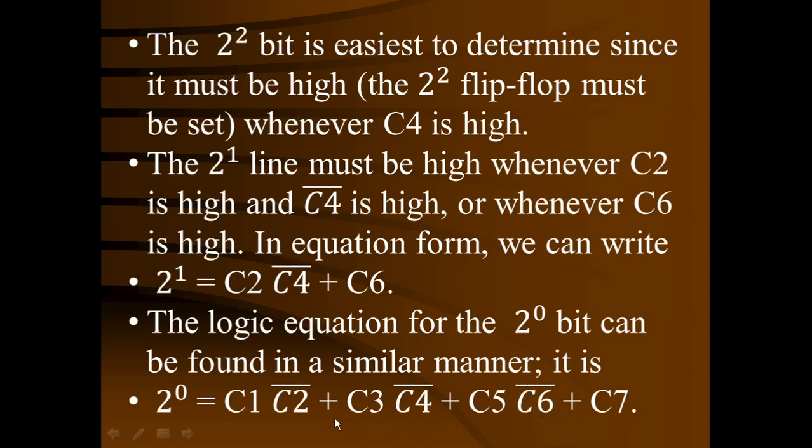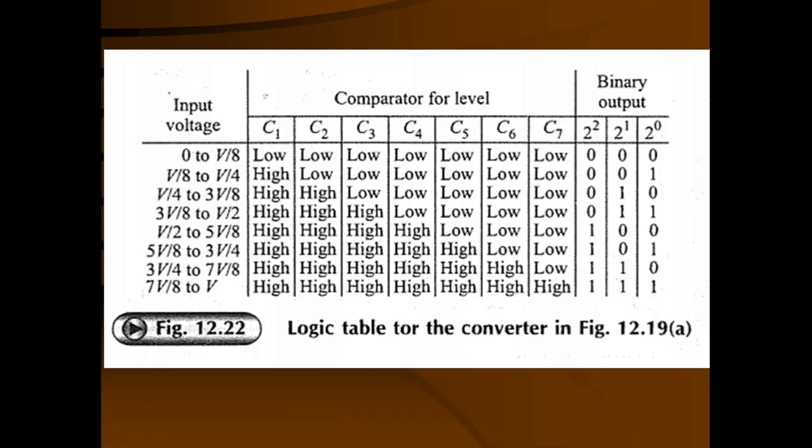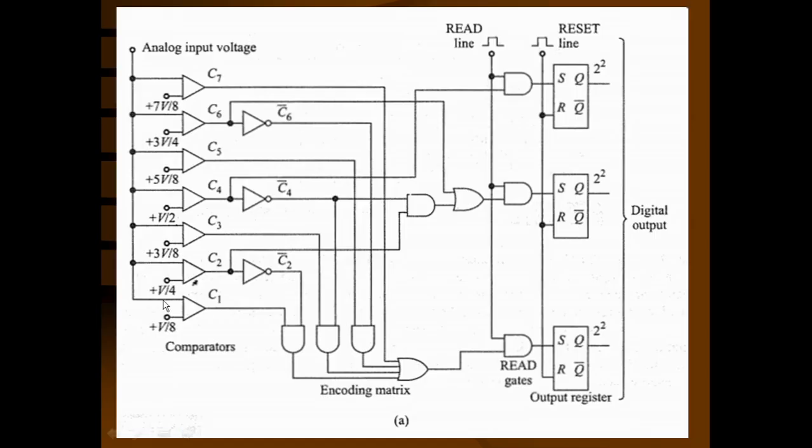That is the logic equation, and that way the circuit is prepared here. You can see that for this AND gate, one input is C1 and another input is C2 bar. For the second AND gate, the inputs are C3 and C4 bar. For the third AND gate, the inputs are C5 and C6 bar.